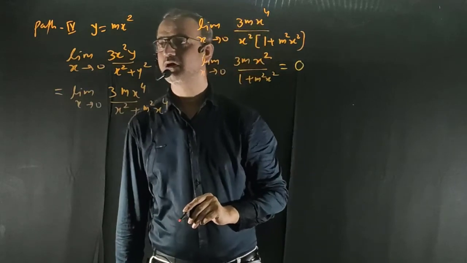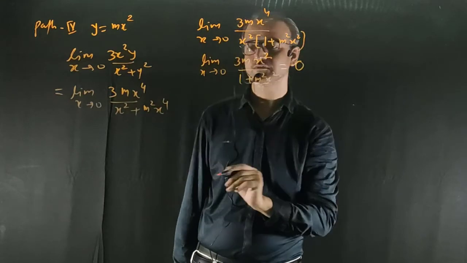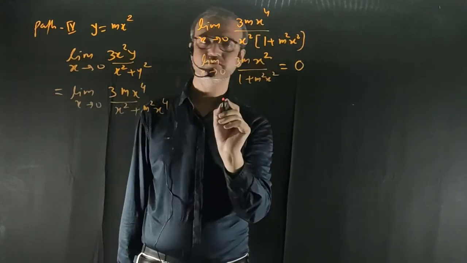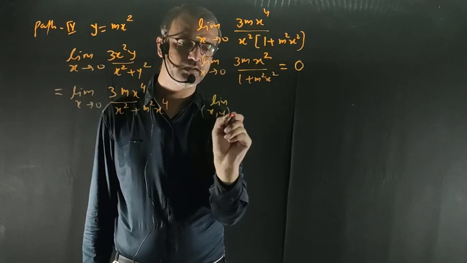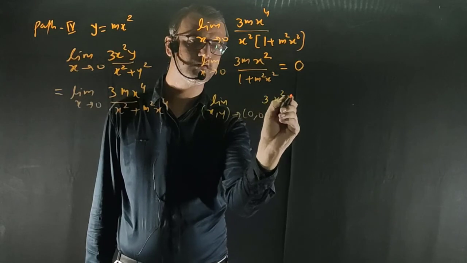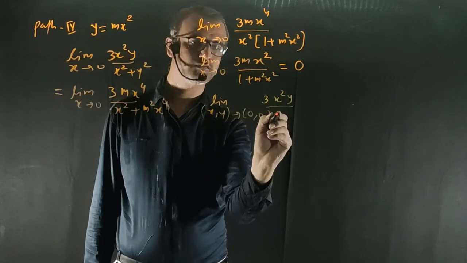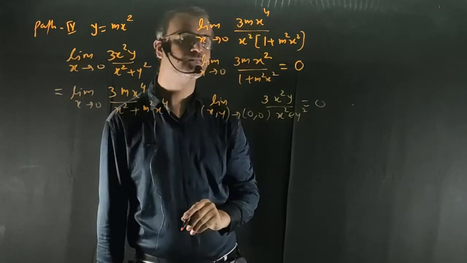Now the limit along paths 1, 2, 3 and 4 is 0. So the limit of the given function, that is limit (x,y) tends to (0,0) of 3x square y over x square plus y square, is equal to 0.